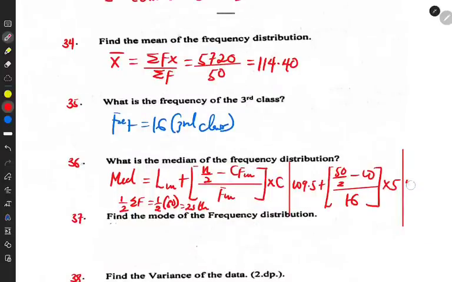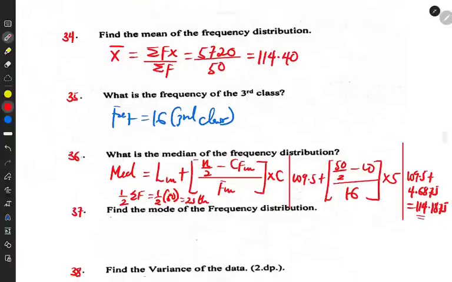So 109.5 plus, calculating all this on a calculator, you're supposed to get a value of 4.6875, and that should give you the median value of 114.1875. To 2 decimal places, we get 114.19. So this is going to be our median value from the grouped frequency distribution here.